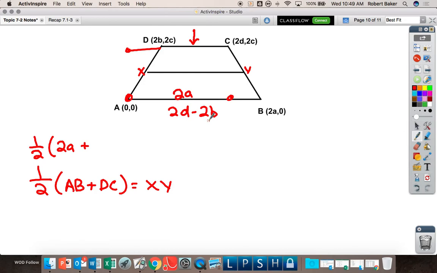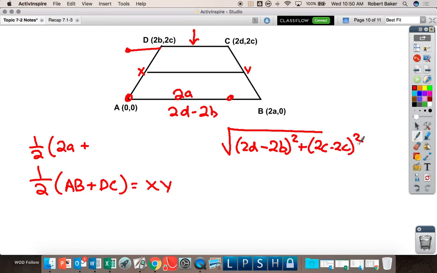Oh, I was just doing that. Okay, so here's the distance formula from here to here. The square root of x2 minus x1, so 2D minus 2B, squared, plus 2C minus 2C squared. So 2C's minus 2C's is what? 0.